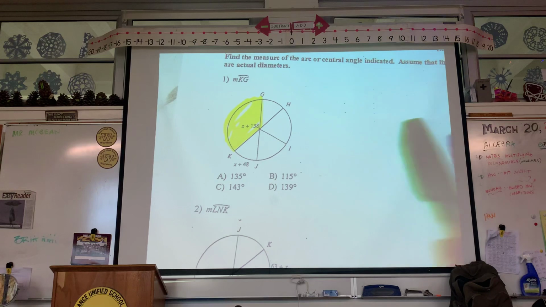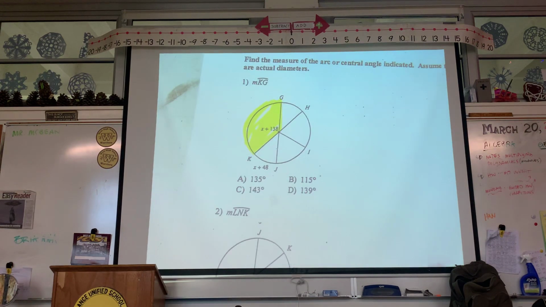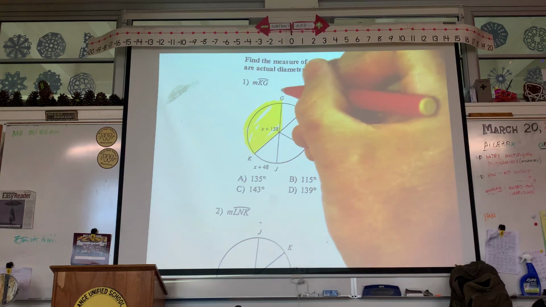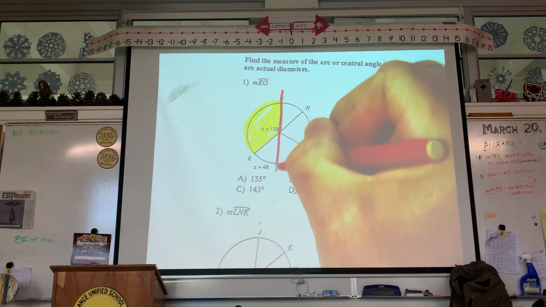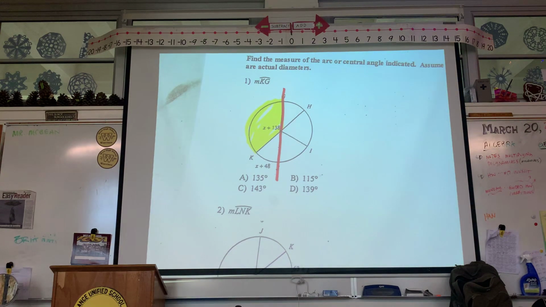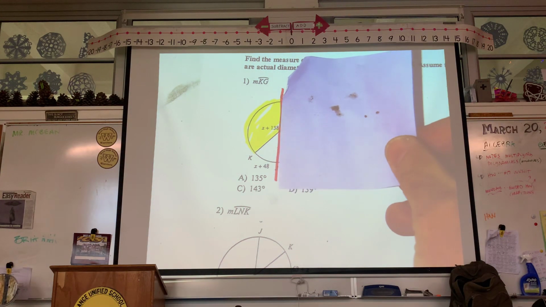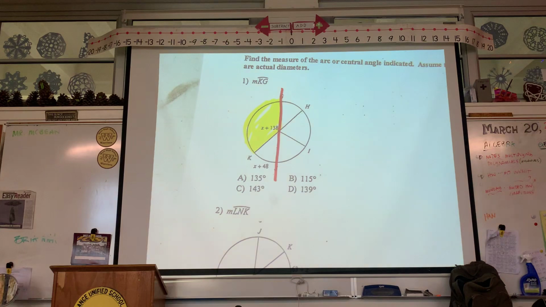So let's solve for x first: x plus 138, which is this piece right here, plus x plus 48 equals 180. I don't need to solve for any of this now. I'm trying to solve for x, and I'm going to plug it in for that. So let's put our 1's in.